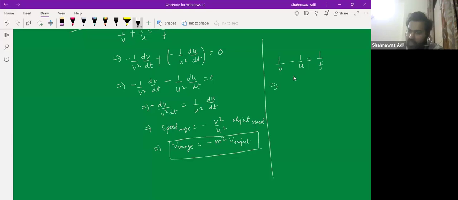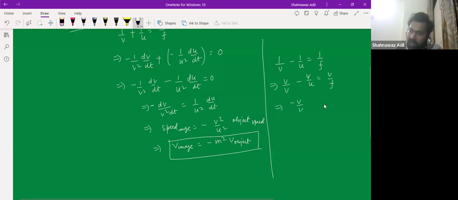So I can multiply this by v. So v by u is 1 minus v by f. This goes to the other side. This is 1 minus v by f, and this is v by u. So not this one, let's take this one.